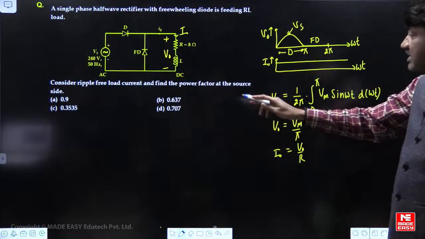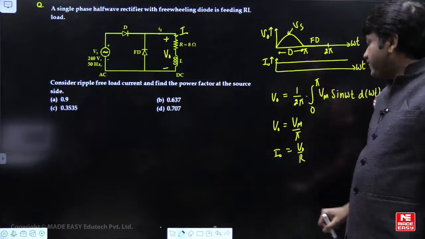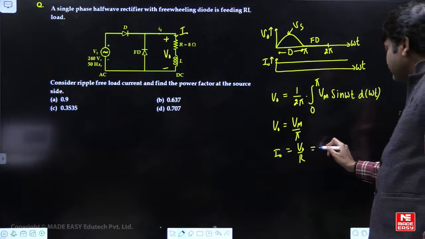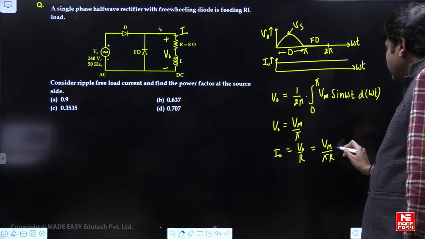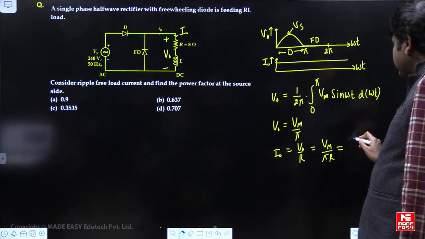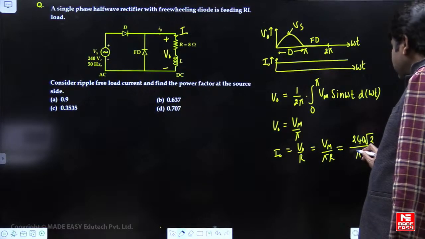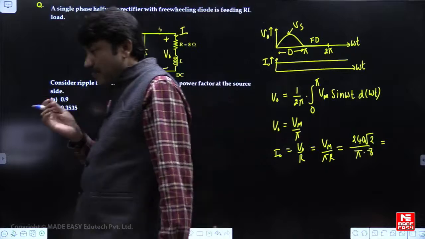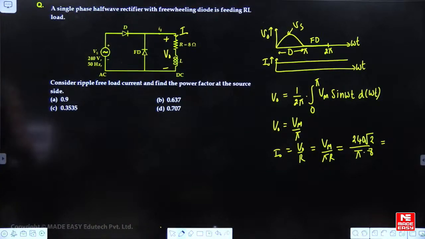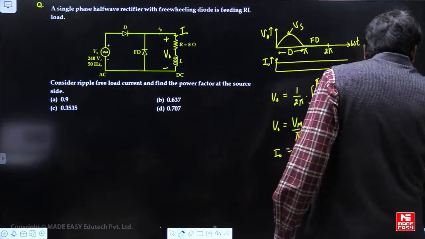Average current will not be affected by load inductance. So that is equal to Vm by pi R. Peak voltage is 240 root 2 divided by pi into resistance 8. Calculate this value. You will get 13.5 amperes. Please verify this one.